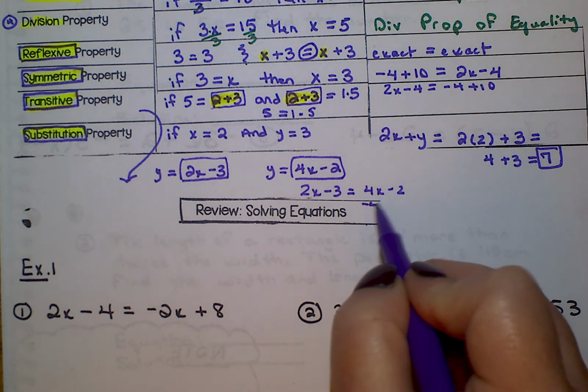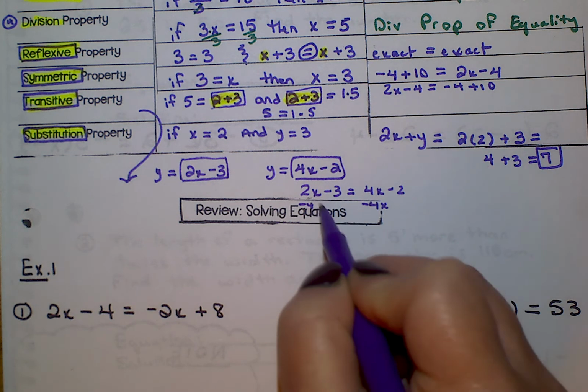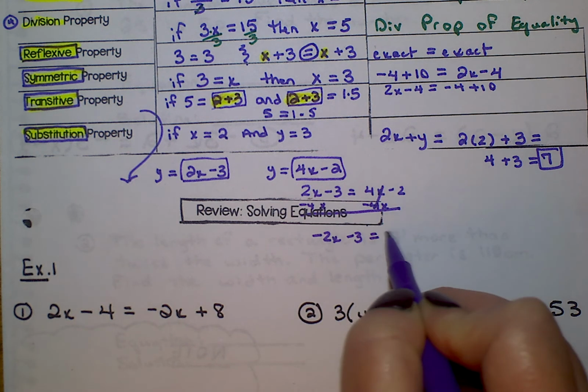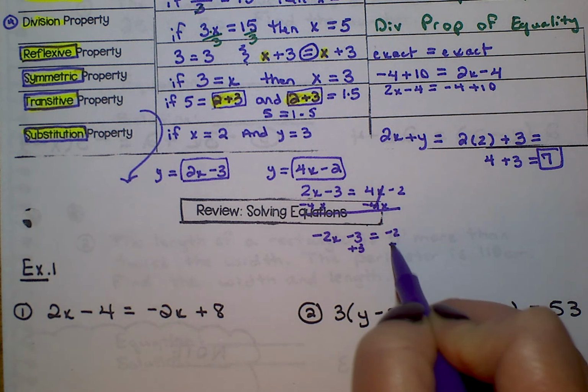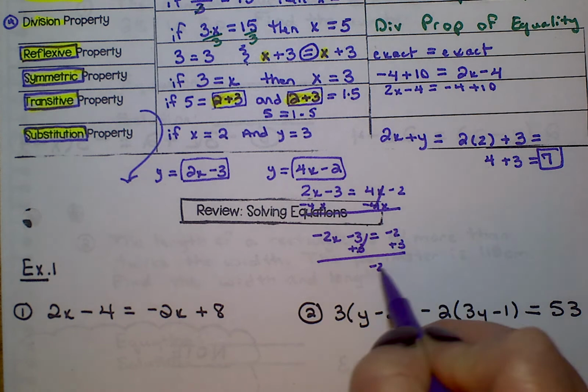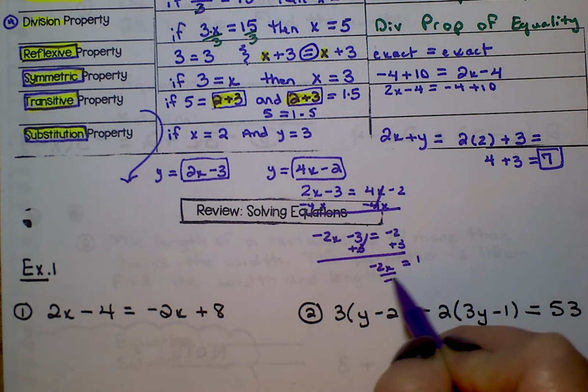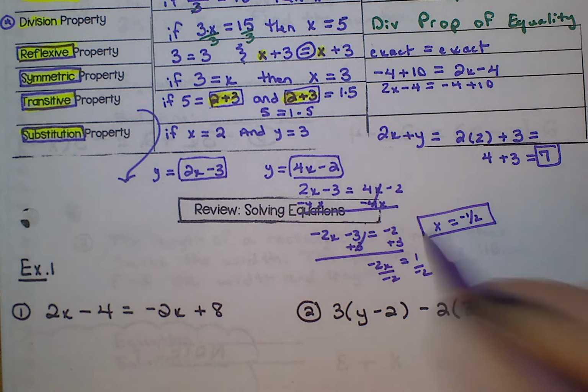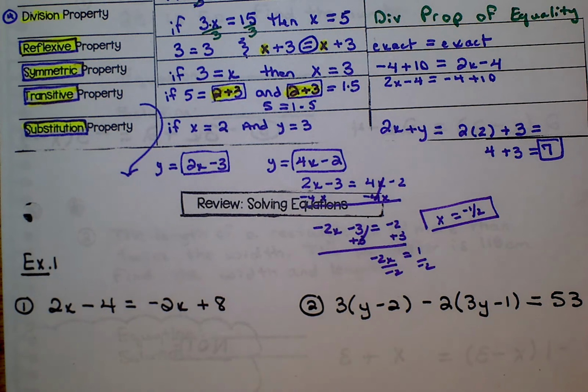So when you solve for x, we would subtract 4, and that would be negative 2x. Add the 3, that would give you 1, and x would be negative 1/2. Okay, so that would allow you to set those equal and figure out what your x would come out to be.